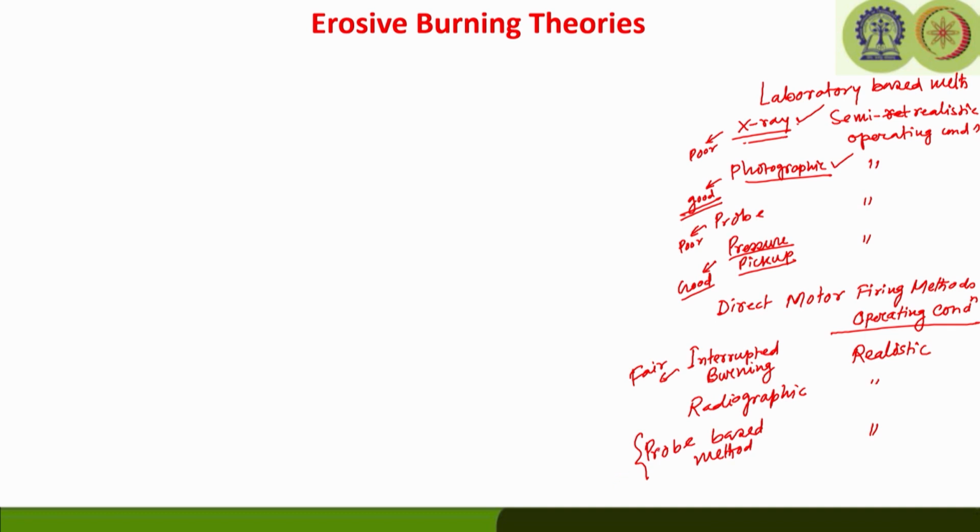But more or less, the probe based method with an ionization based probe can probably give better accurate results. However, we need to remember that they are going to give the average burning rates based on a number of firings. So, many firings have to be done, and then the average burning rate will be calculated from the number of runs.